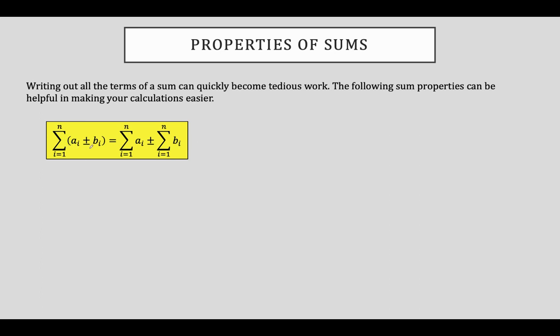This property says that if we have multiple terms inside of a summation connected by addition or subtraction, I can essentially distribute the summation to each of the terms and rewrite it as the sum or difference of two separate summations. I can take the sum of the individual parts on their own and combine them afterwards.